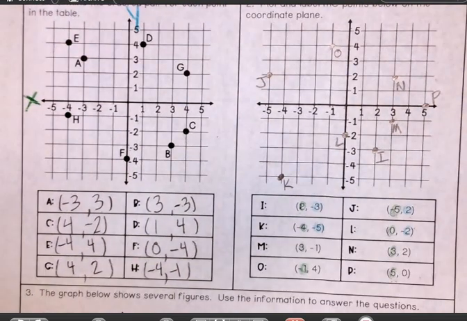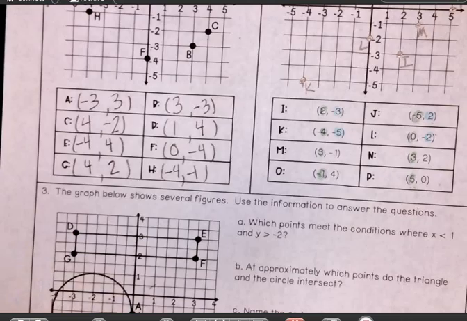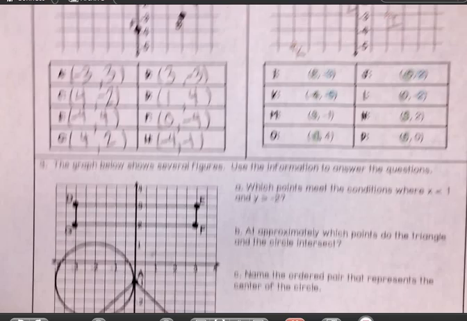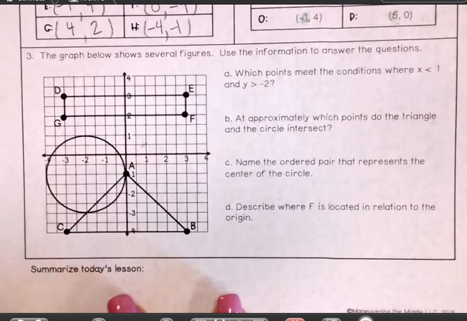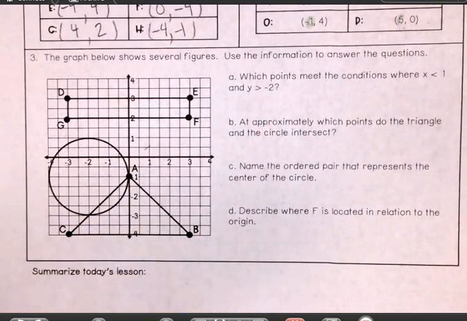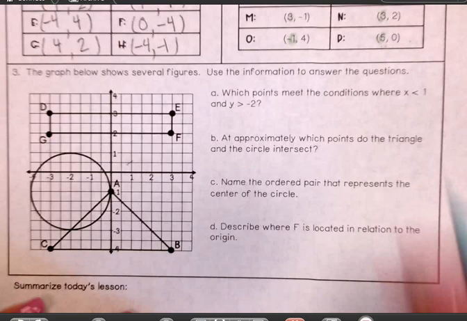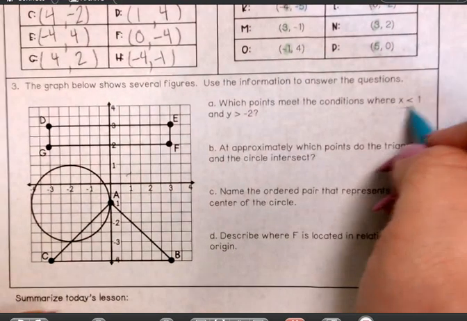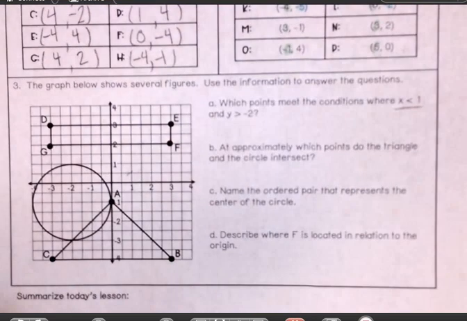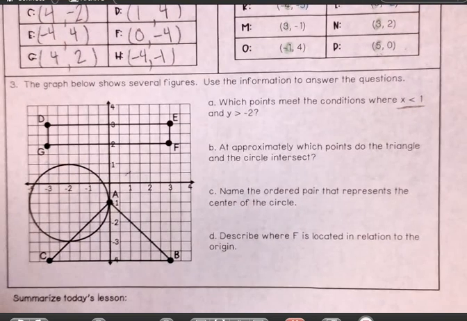All right, let's look at the bottom. The graph below shows several figures. Use the information to answer the question. What does this mean? X is greater than 1 or X is less than 1?